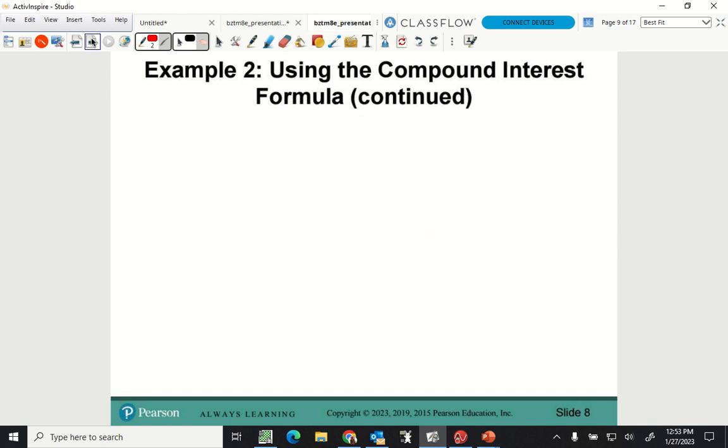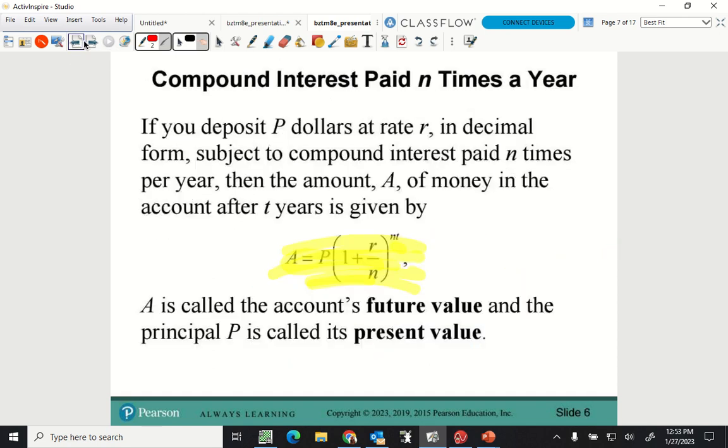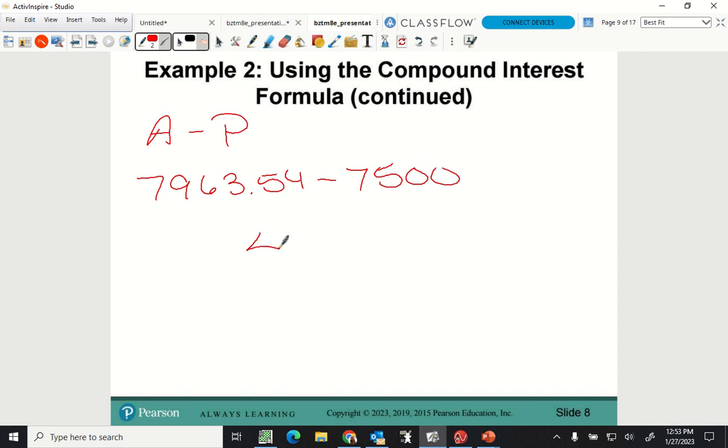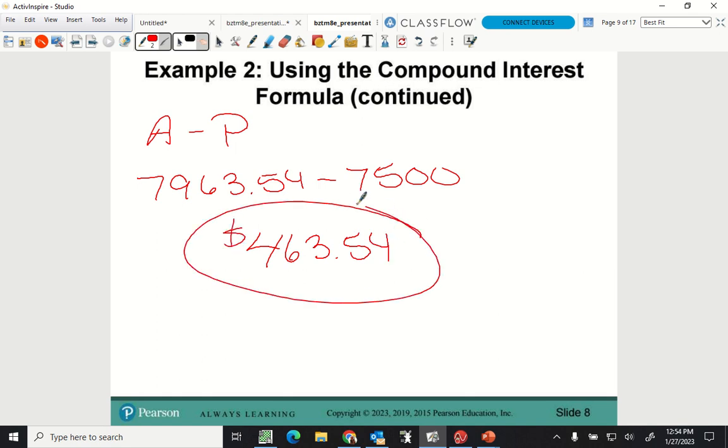So for that one it would be my A minus P. So what was it? 7,963.54 minus 7,500, which gives me 463.54. Very good.